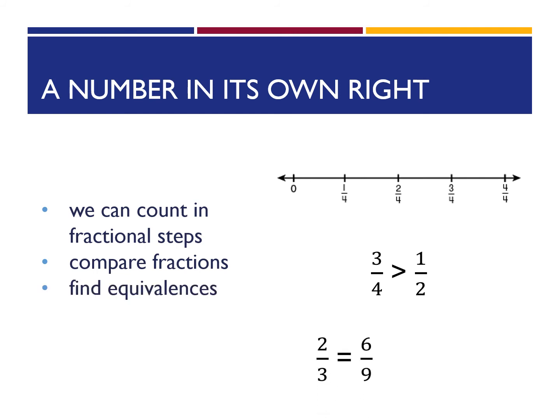Now, when we take a look at this idea of equivalence and comparison, the idea that 3/4 is greater than half because we can see where half appears on the number line. We know that 3/4 is a value. It doesn't have to be 3/4 of 12 things. It is a value of its own. It's a number of its own right, and as a value it is greater than 1/2. Looking at the idea that 2/3 is equal to 6/9, which then helps us with our understanding of the fractions.